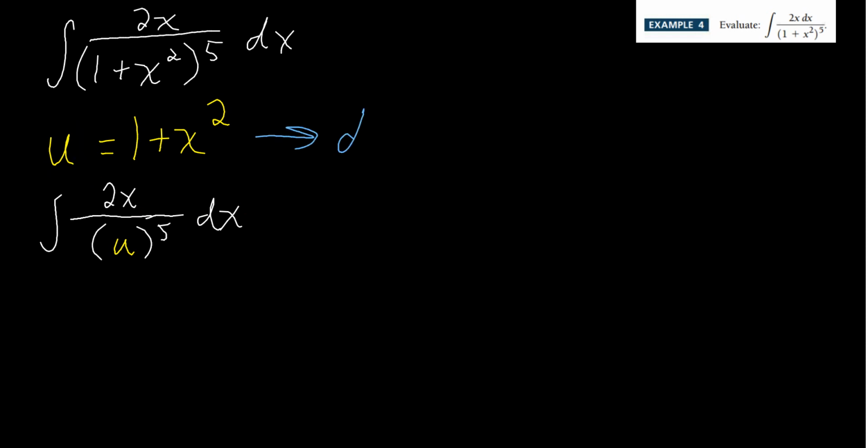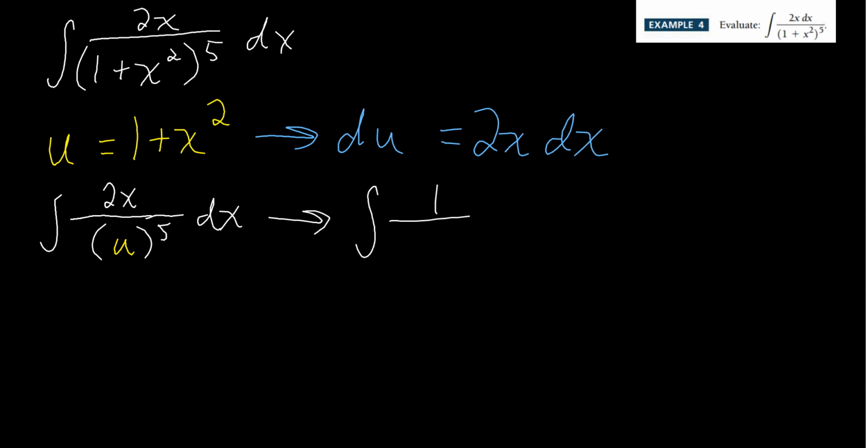The derivative of u is du, the derivative of 1 plus x squared is going to be equal to 2x dx. And again, 2x dx, well, that just seems to be the perfect problem. So we're going to change this into the integral of 1 over u to the fifth, and then du.